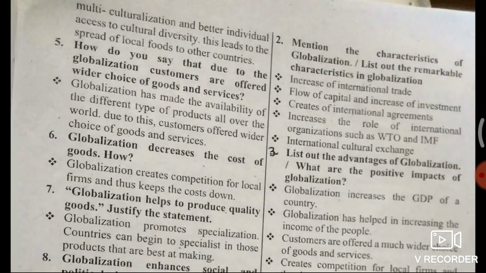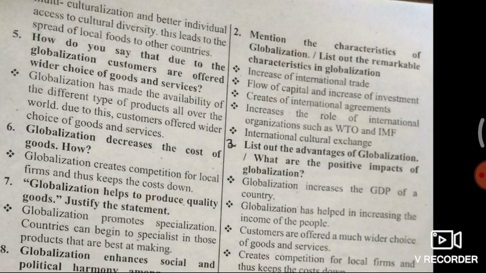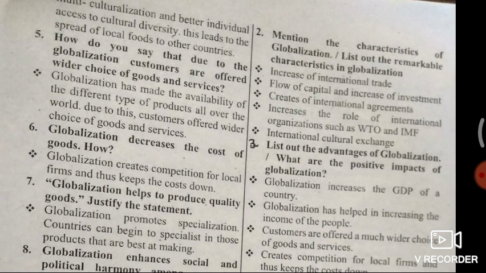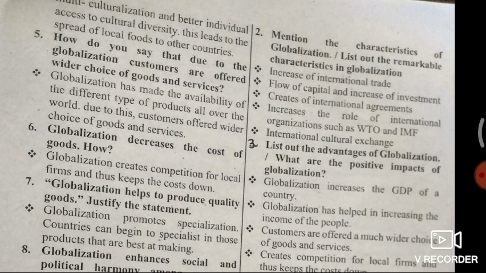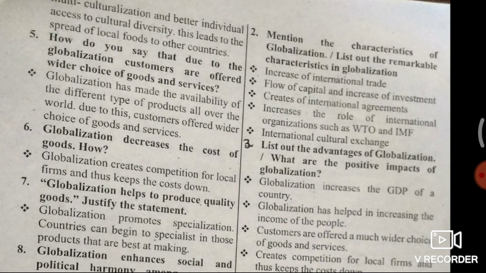Then the second question, mention the characteristics of globalization. Answer: in the characteristics of globalization we can see increase of international trade. Second point, flow of capital and increase of investment.